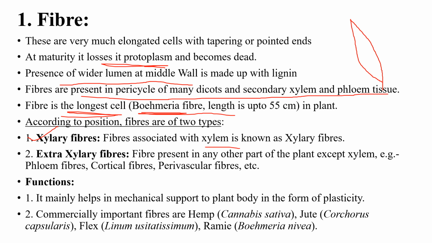Function: the main function of sclerenchyma fibers is to provide mechanical support. Some commercially important fibers are hemp, that is Cannabis sativa, jute, Corchorus capsularis, flax, Linum usitatissimum, ramie, Boehmeria nivea, etc.